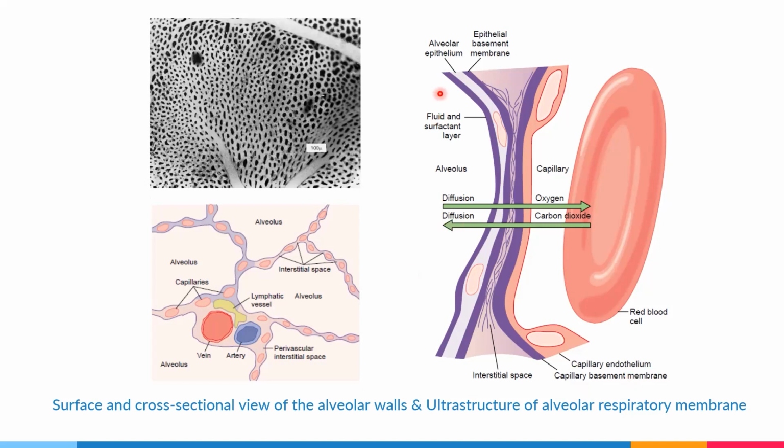There is also the fluid and the surfactant layer that we have already discussed present on the alveolar epithelial side, and the interstitial space between the alveolar membrane and the capillary membrane. We'll look more into the respiratory membrane in subsequent slides.